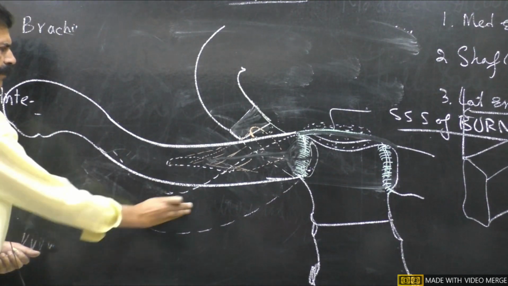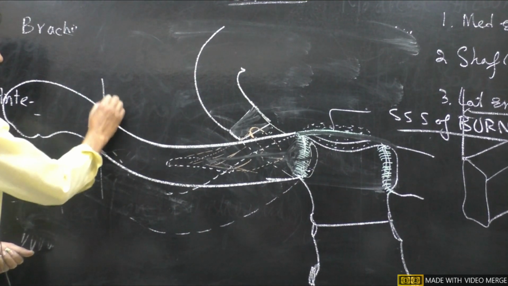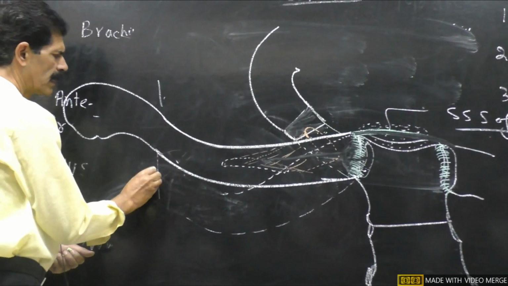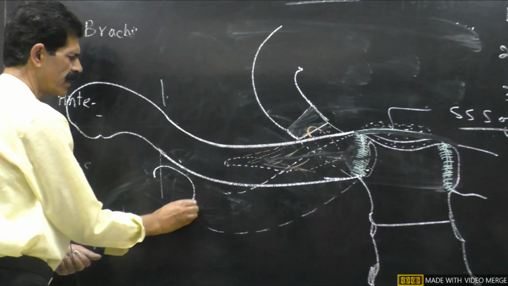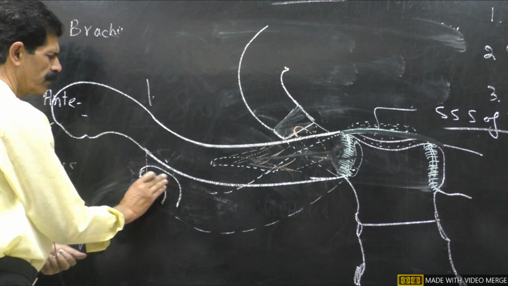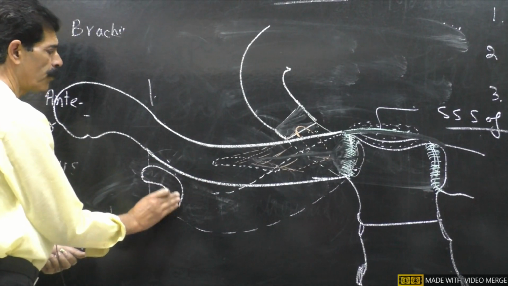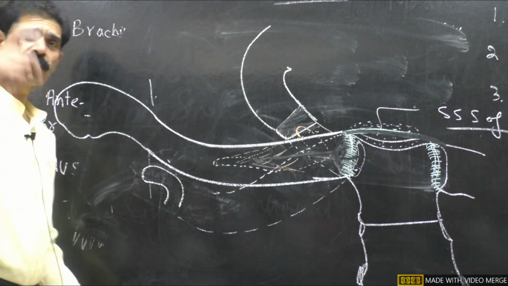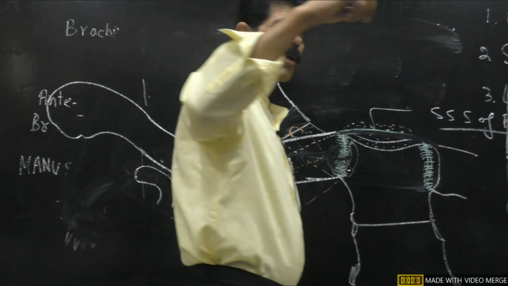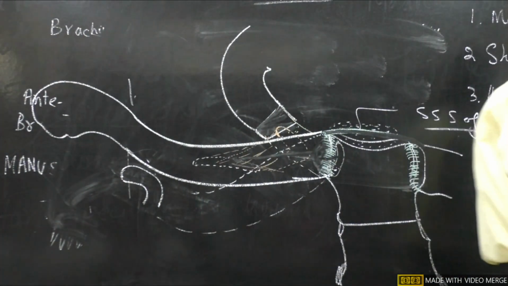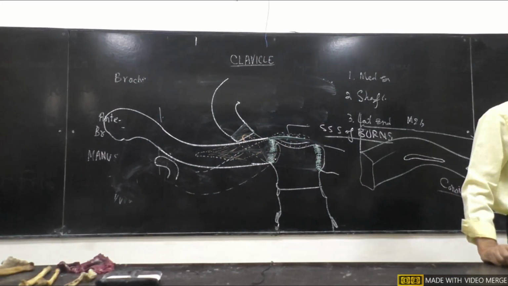Just at the junction of the medial 2/3 and the lateral 1/3 of the clavicle, below here lies a structure of the scapula, which is hook shaped, comma shaped. This is called the coracoid process.